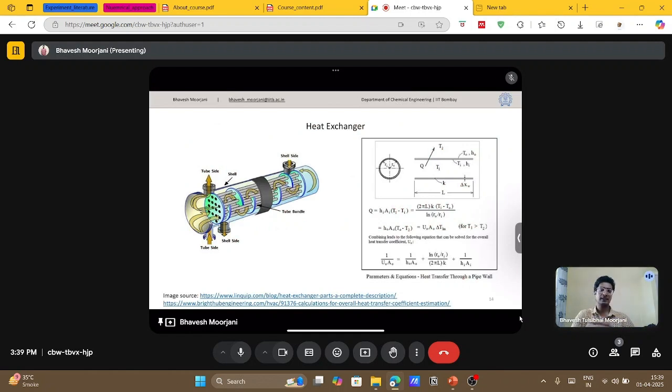In this heat exchanger example, as we saw last time also, we have to find both the inside heat transfer coefficient and the outside heat transfer coefficient, right? The inside heat transfer coefficient is that of the fluid which is inside, and the outside is for the fluid on the shell side, right?